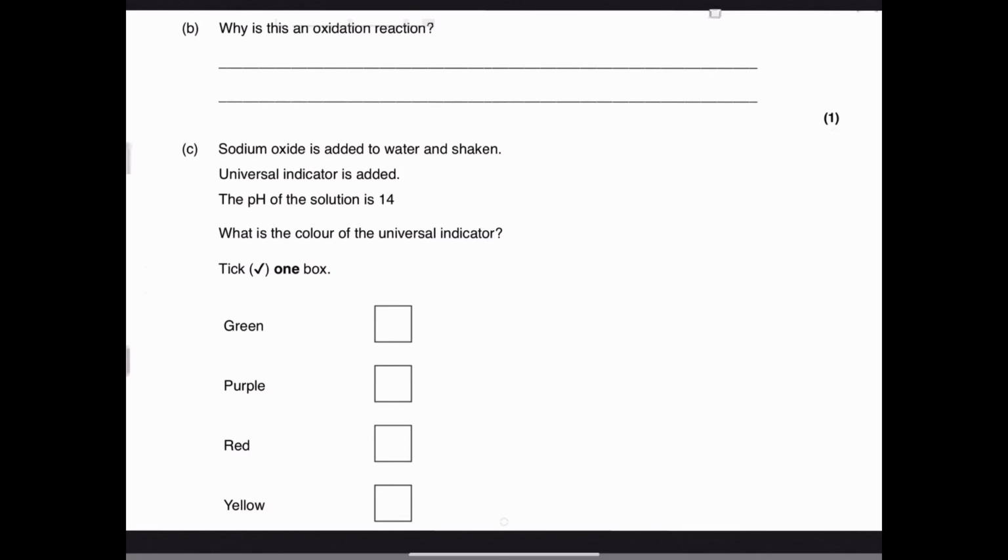Your answer for part B, oxygen is added. So oxidation, oxygen is added. Very simple. Now part C, the key words here, they've given you the pH value as 14. They've told you metal plus water, so sodium oxide plus water, and it's shaken.